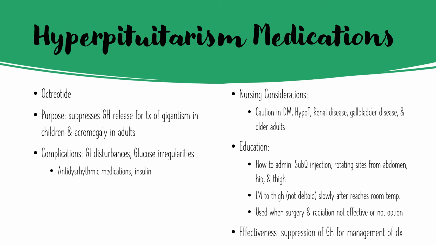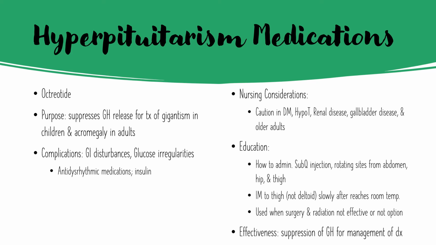So complications are going to be GI disturbances and glucose irregularities. We need to monitor clients that are also taking antidiuretic medications, as it can cause issues and dysrhythmias. Also, if they're diabetic and taking insulin, we need to monitor their glucose levels because it may not be as effective, or it may be too much.